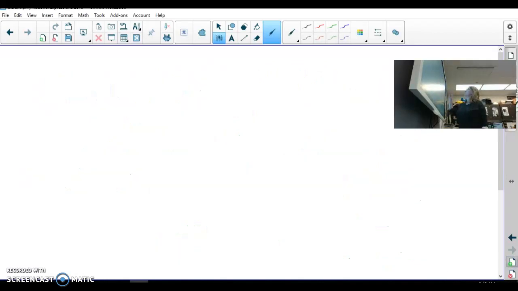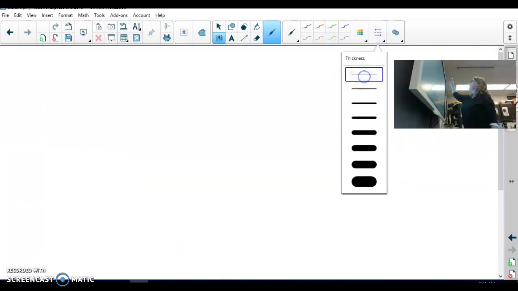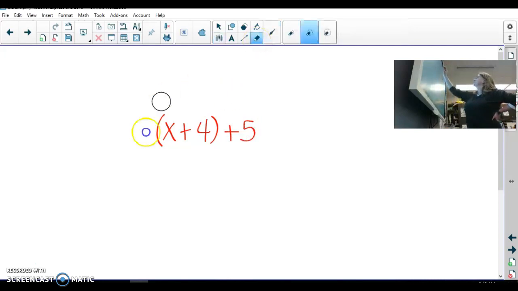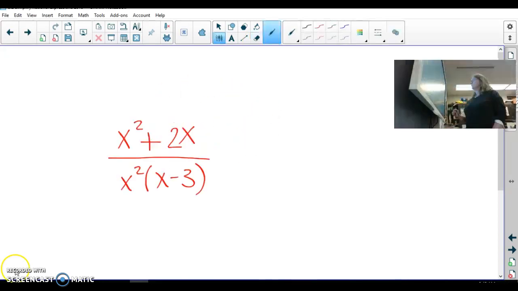One more pointer that I want to give you is when you're simplifying, if you have something like x plus 4, let's say we have plus 5. Oh, hold on, let me pause for a second. Okay, what I want to point out is that when you're simplifying the numerator and the denominator, they have to be factors in order to cross them out.